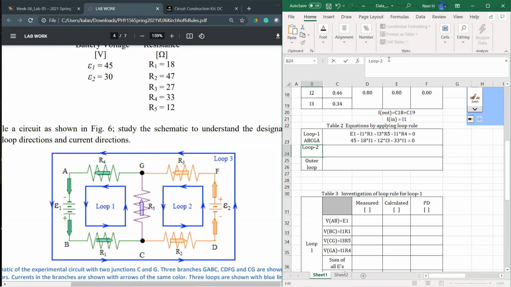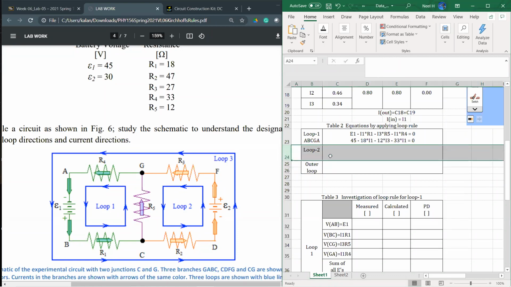If you are on a Mac, I think the Alt button should be the Option button, so Option and Enter. Okay, Alt and Enter, thank you. Yes, that will automatically extend the size of that cell.